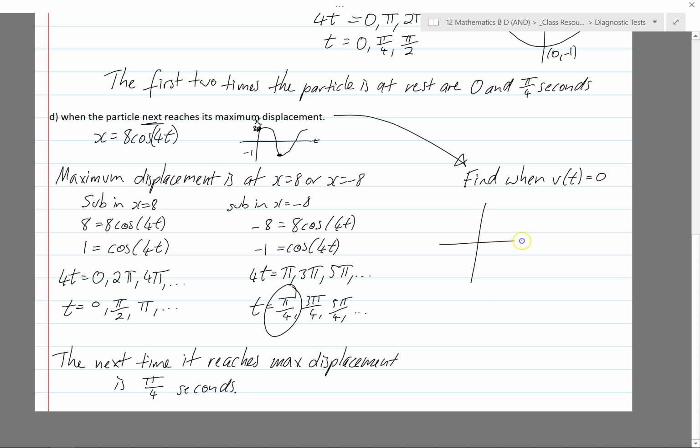So what this means is when I'm trying to find this physical area, I'm going to have to integrate between 0 and pi on 4 of this function. And then from pi on 4 to the next intercept of the same function.